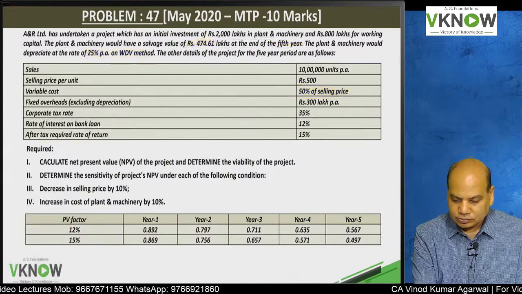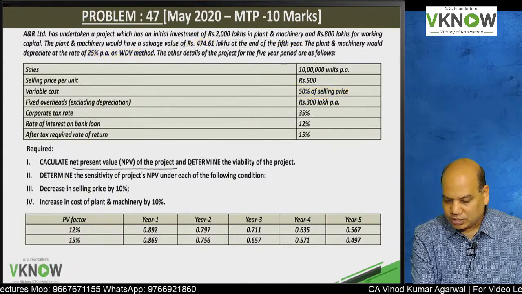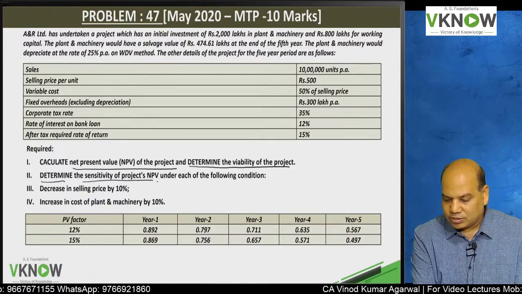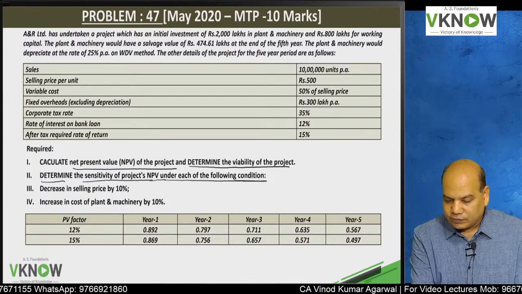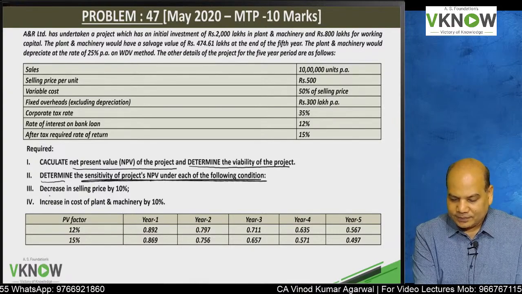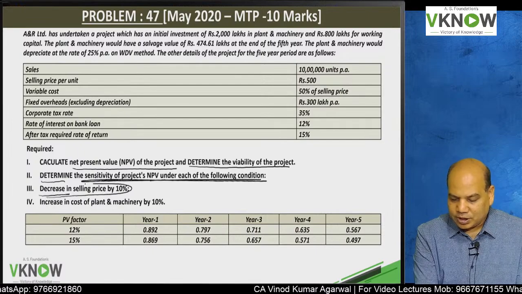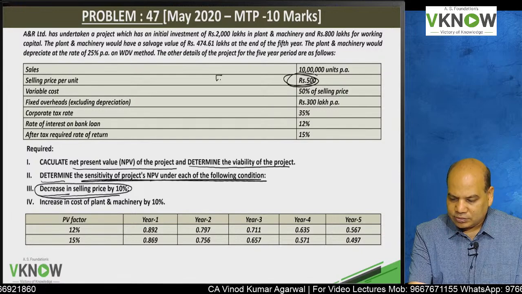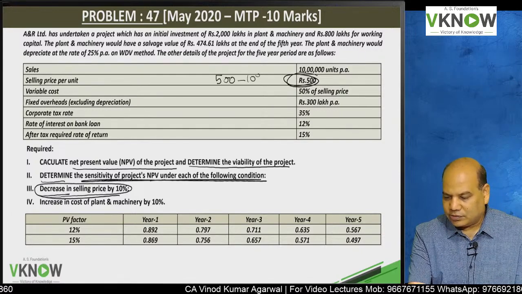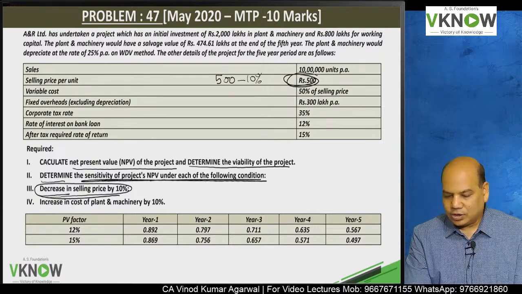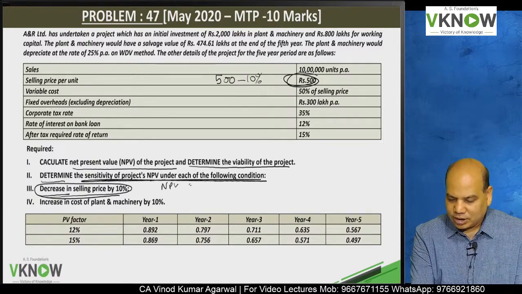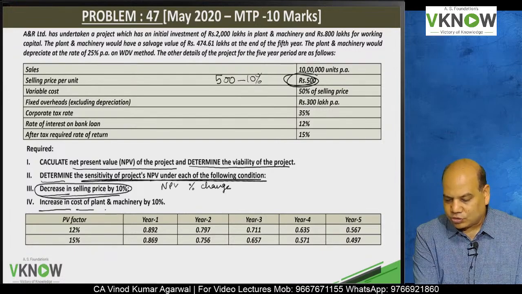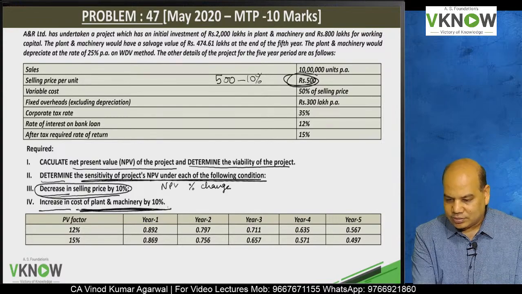The question is: compute the NPV of the project, determine the viability, and determine the sensitivity of the project NPV under each of the following conditions. First, if the selling price decreases by 10%, it is 500 right now. If it decreases by 10%, what will be the NPV and percentage change in NPV? Second, an increase in the cost of plant and machinery by 10%.